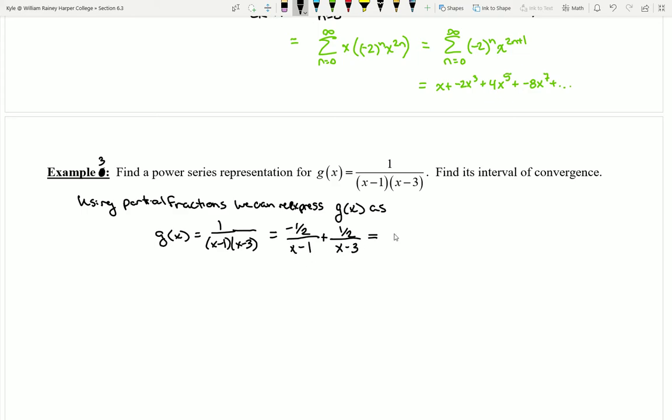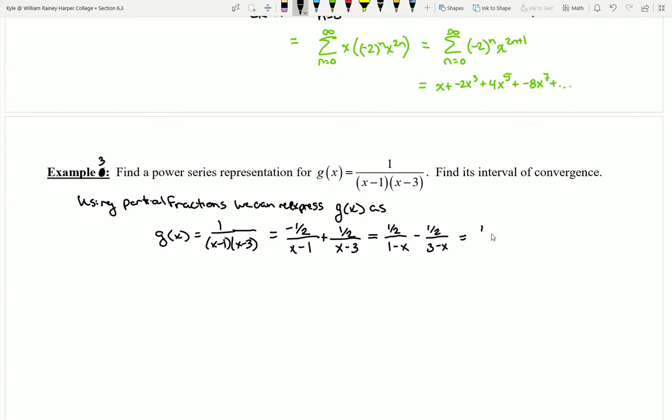But if I multiply top and bottom by a negative 1, you'll see that the 1 on the bottom becomes positive, the x on the bottom becomes negative, and I get my a over 1 minus r shape. That's perfect. If I do the exact same thing on the other fraction, you'll notice that I just get 3 minus x, and so I don't really have this 1 minus r on the bottom.